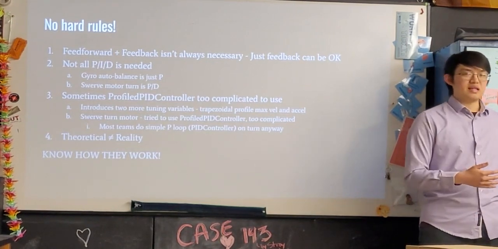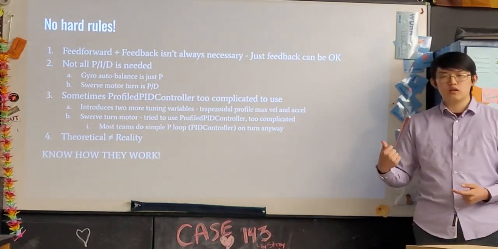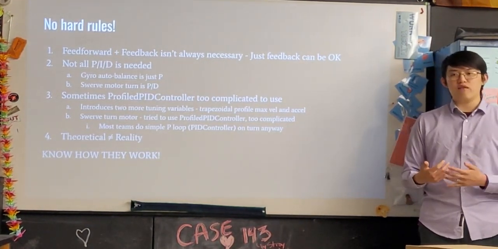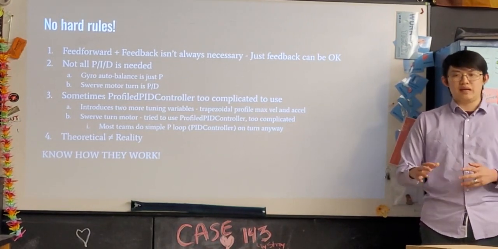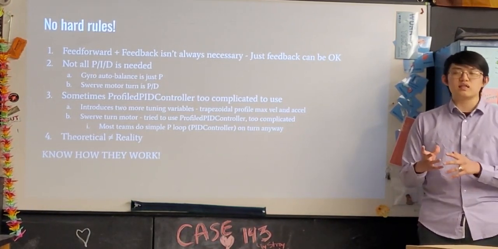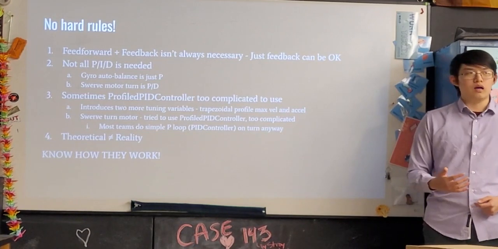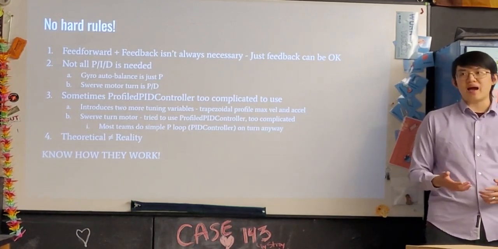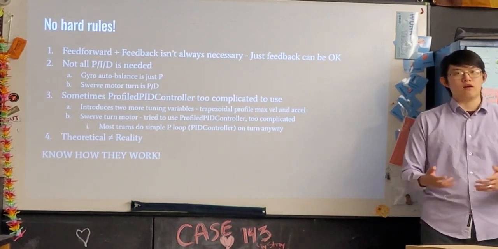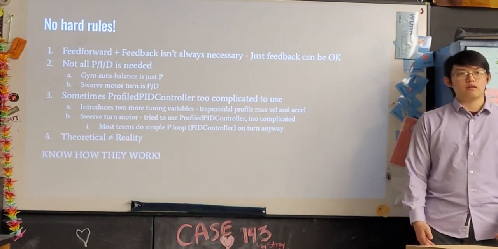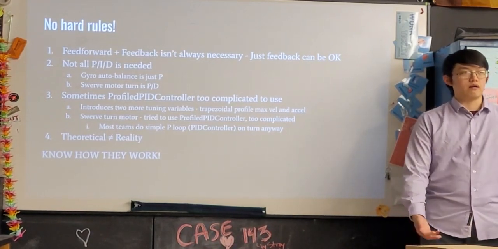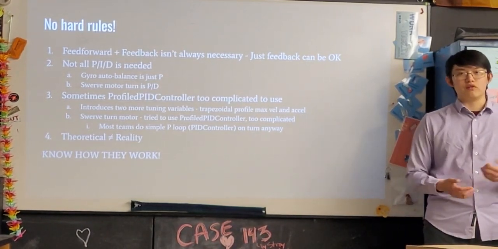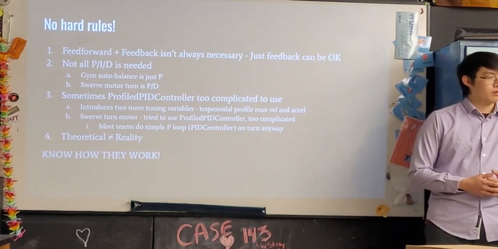Remember, feedback takes in the error and outputs a voltage. And since you have no feed forward that is moving the system, predicting the output, the feedback is just going to have a lot more error to work with. And it can still get you there. It's just going to do it in a little bit of a different fashion.